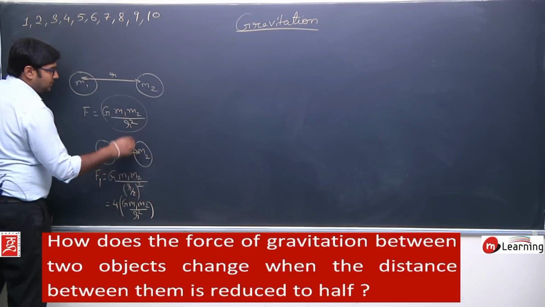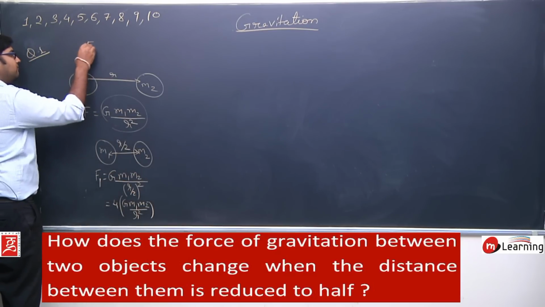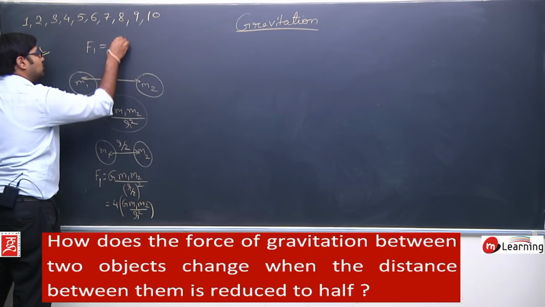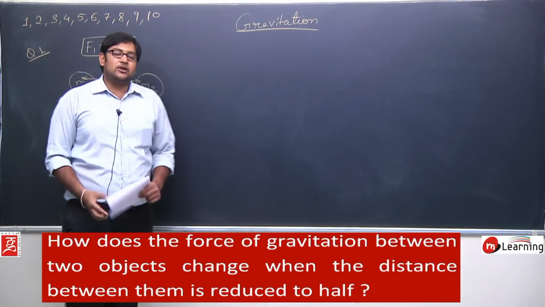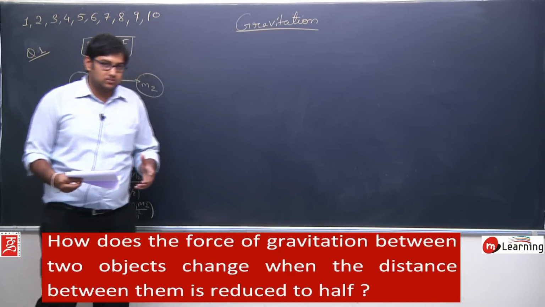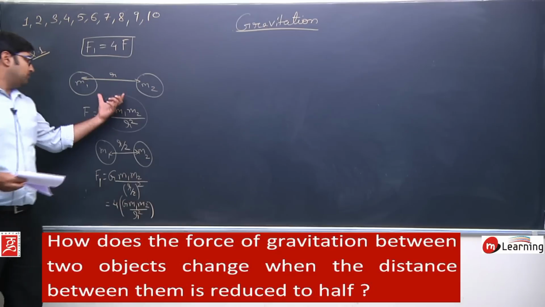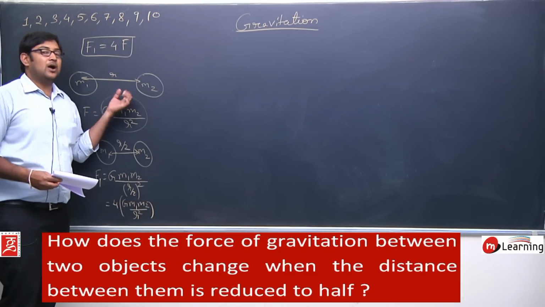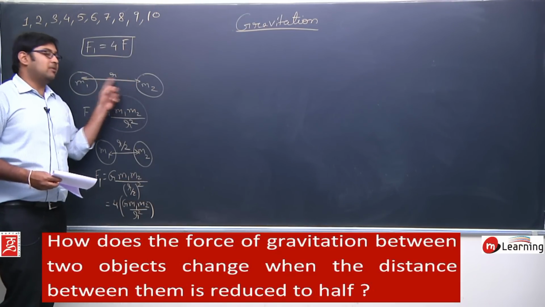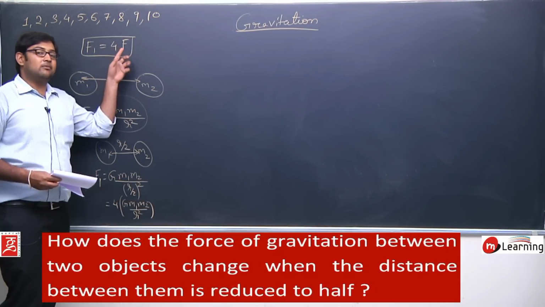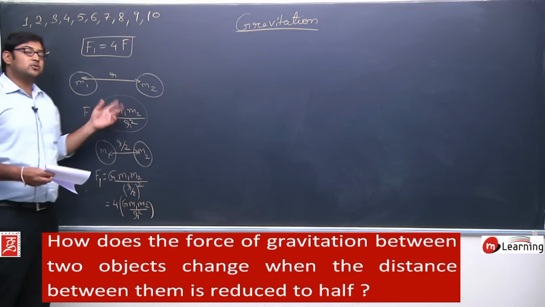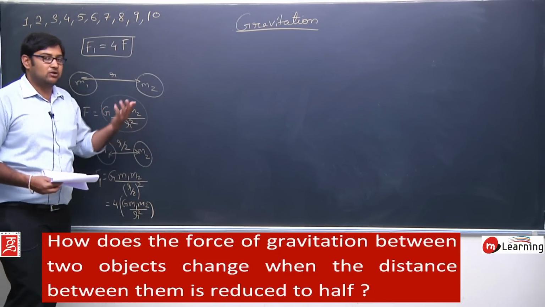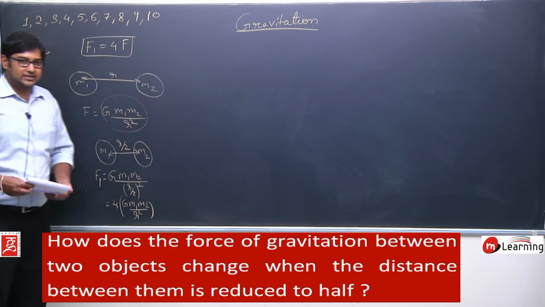So what you will get from here is that F1 is equal to 4 times F. So what is the conclusion that we can draw? I am not changing the mass of the objects, I am simply reducing the distance between them to half. So the distance becomes half, the force will become 4 times, because the force is inversely proportional to the square of the distance. This is what we have learned in the universal law of gravitation.